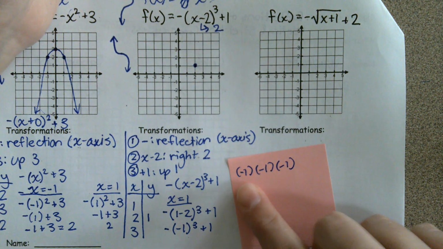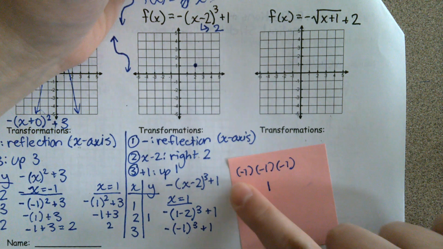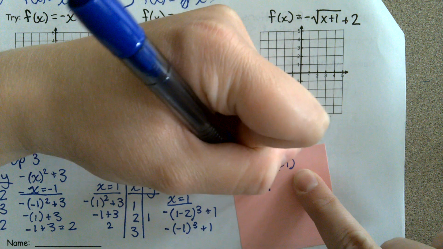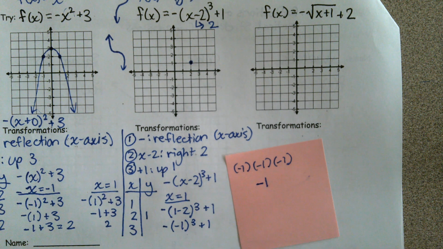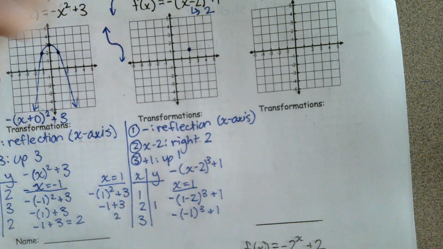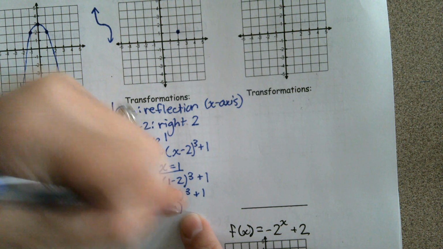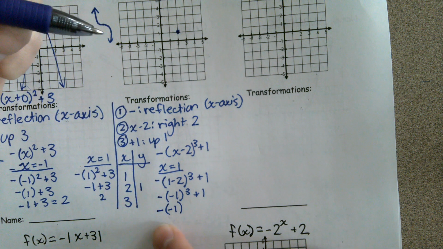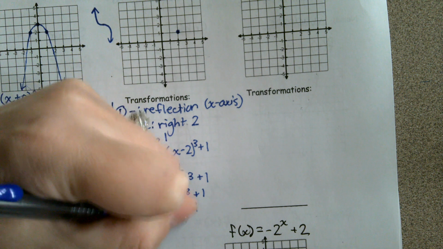Reminder, we multiply this 3 times. I'm going to get 1 still, and I've got 3 negatives, meaning my end answer is also going to be negative. If I have an even number of negatives, it's positive. If I have an odd number, it's negative. So what comes out of this, negative 1 cubed, is a negative 1. Now I still have this negative in front here. That's going to change this to a positive 1 plus 1, which gives me 2.